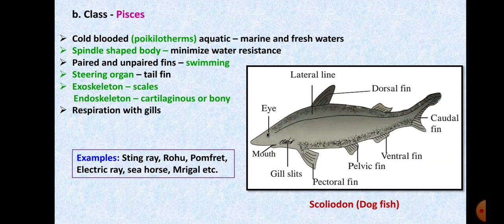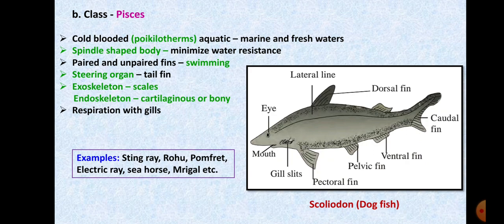Now this type of body structure will help the fishes to cut through the water currents while swimming. Okay, it will help them to minimize the water resistance, and it will help them to move ahead, cutting through the water and making way for themselves. They have some paired and some unpaired fins.